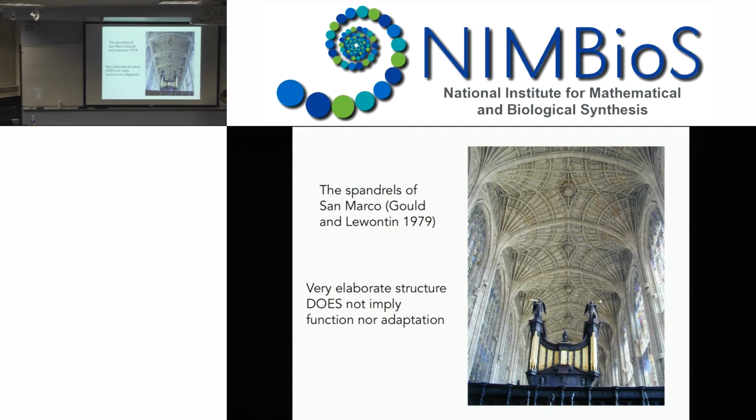Boy, evolution must really work hard to get that. That must be something really, really important. And the punchline from Gould and Lewontin was elaborate structure does not imply function or adaptation. A great modern example, actually it predates this paper here, there's a very classic paper that people should read about genomics.